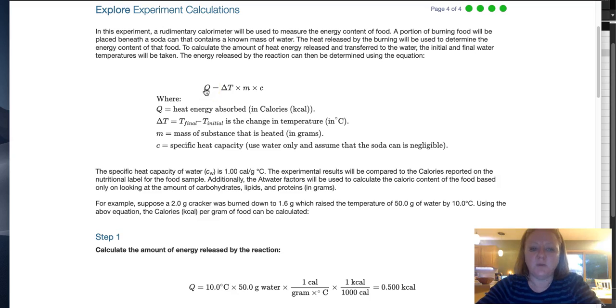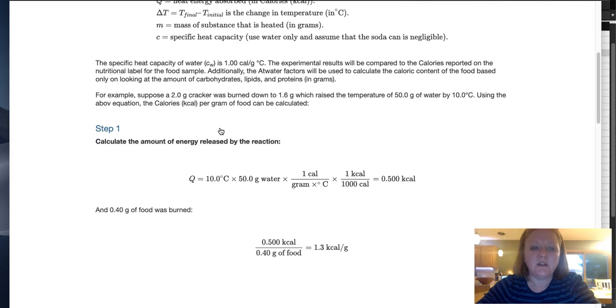The energy absorbed by the water is equal to delta T, the change in temperature, times the mass of the water that's heated up, times C, which is a constant. We're only using water, so I'll show you that value in a second. So just multiply the 3 things together and you've got your energy.